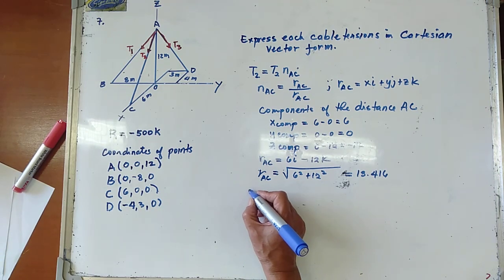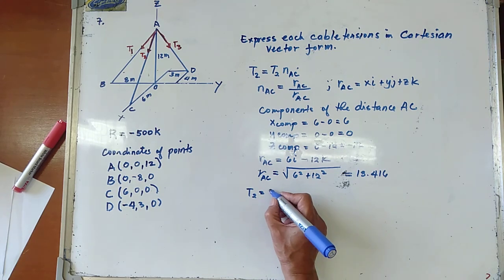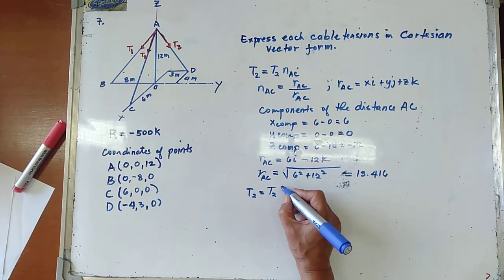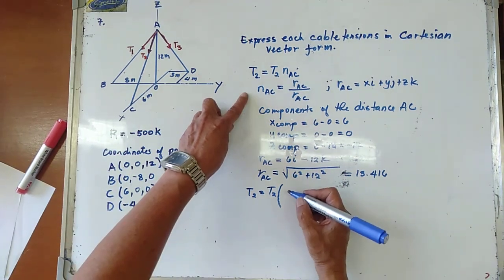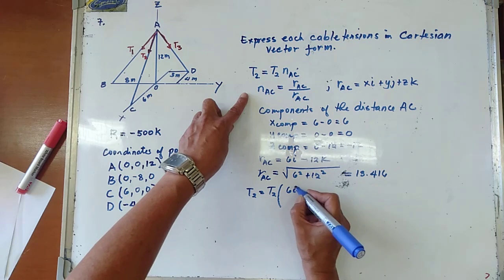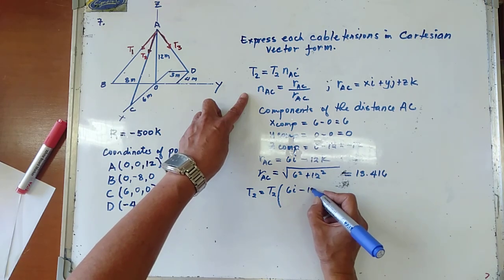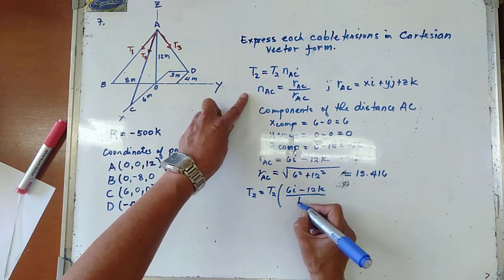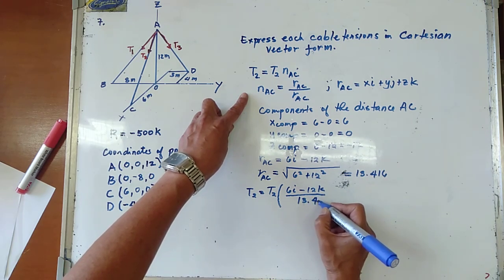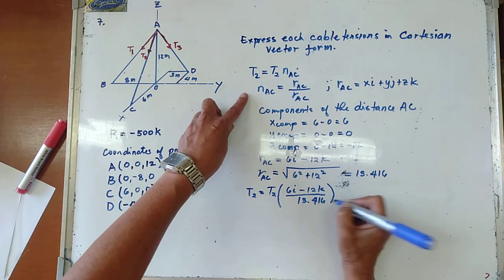So to express T2 in Cartesian vector form, the magnitude of T2 is multiplied by the unit vector AC. So that is now 6i minus 12k all over 13.416.